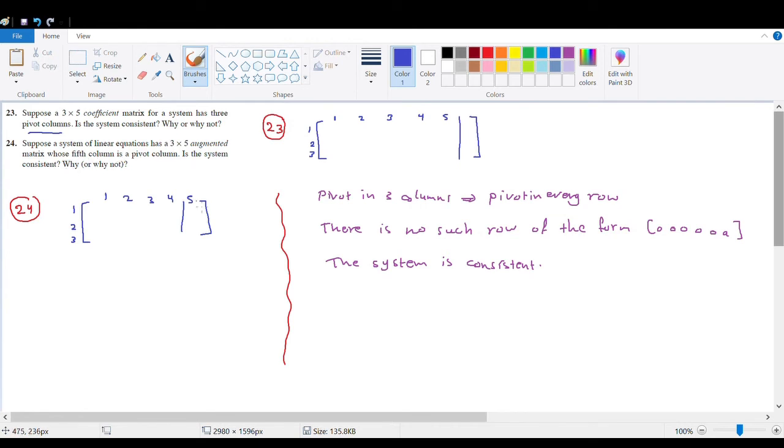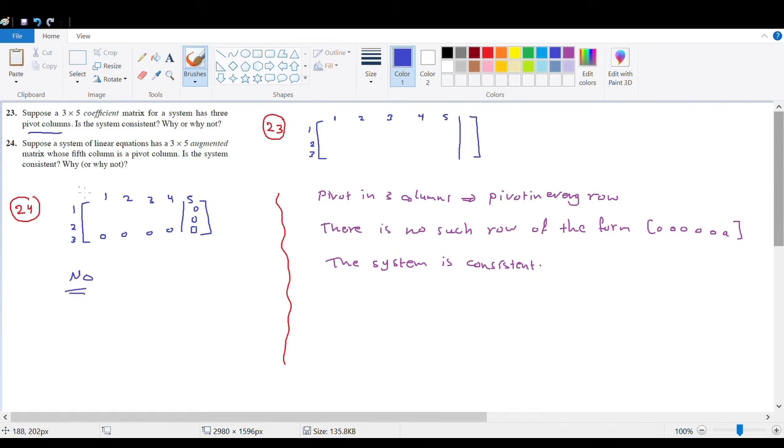That means if the fifth column is a pivot, here we have 0, 0, 0, 0, and here we have, for example, any number. So if the fifth column is a pivot, we have the form 0, 0, B. So if the third row is of the form 0, 0, B, that means our system is not consistent. So the answer is no. The system is not consistent.